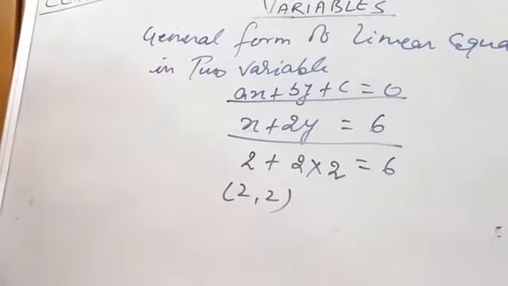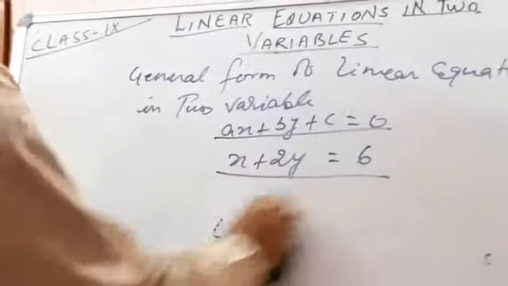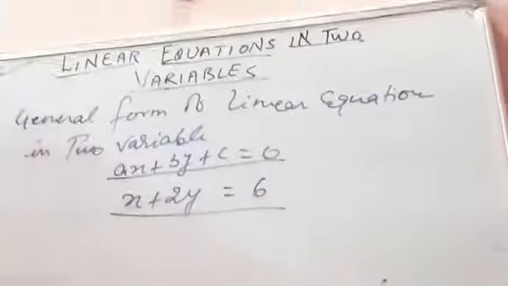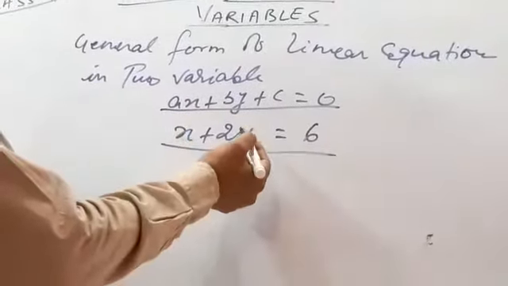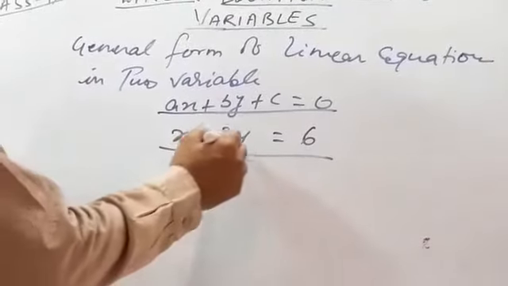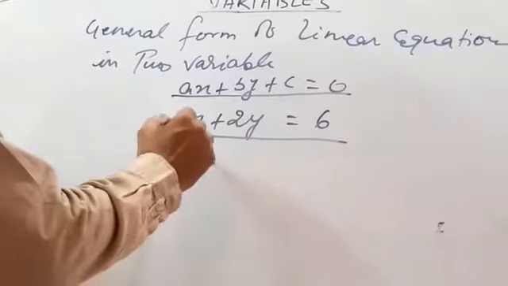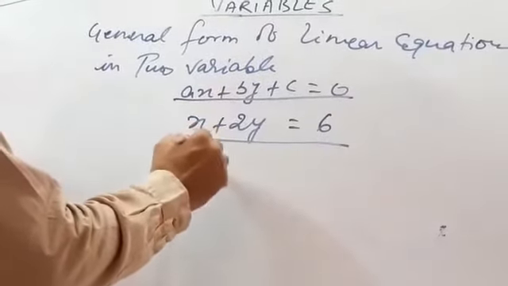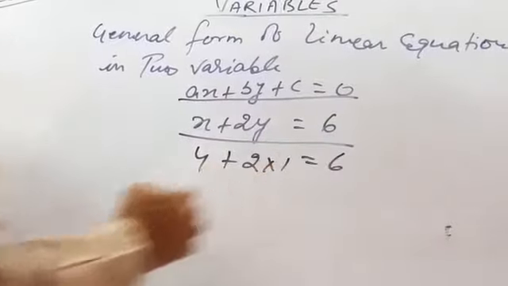Think of some more values. Come on, think what more could be taken for x and y. Suppose I'm just assuming the value of y is 1, so it gives 4 and 1. If I take here x as 4, plus 2 into 1, it gives 6.